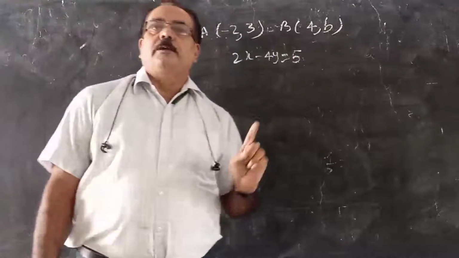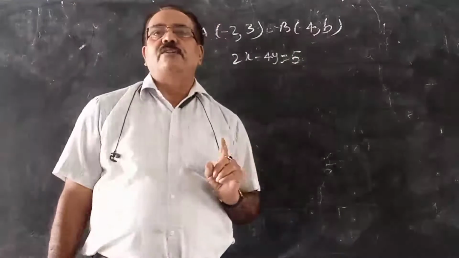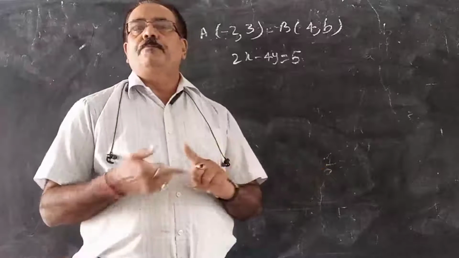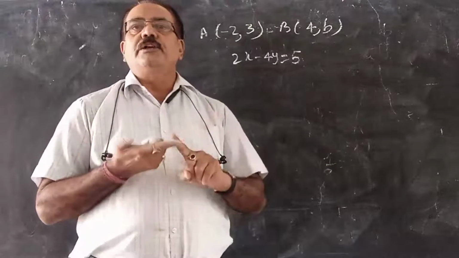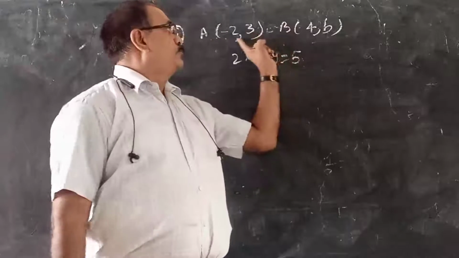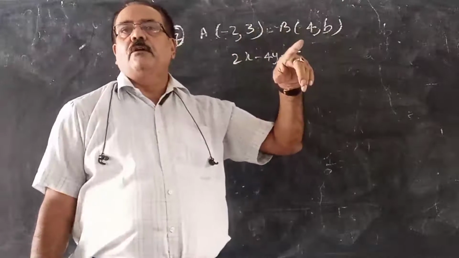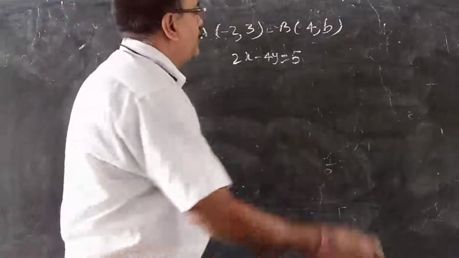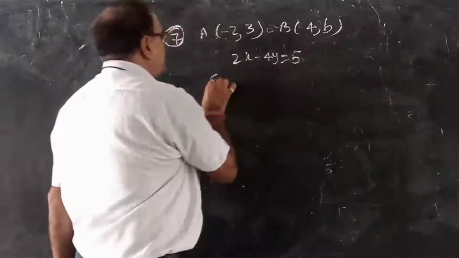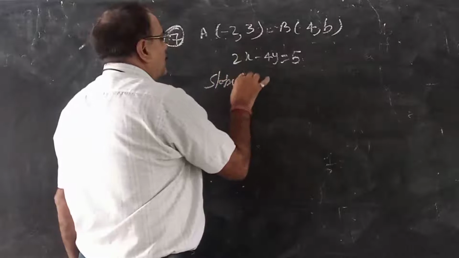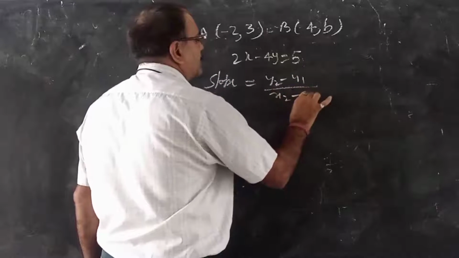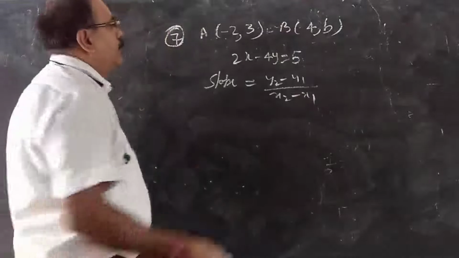We know that if two points are given, we can find the slope, because in the perpendicular or parallel case we need the slope. From the given two points, we can easily find the slope by using the formula (y2 - y1)/(x2 - x1).